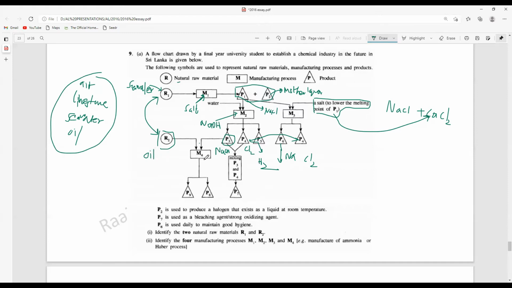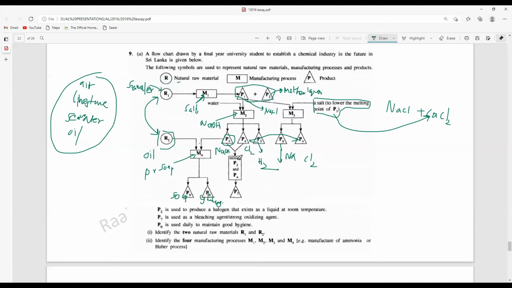This is the formation of soap, so this is soap production. The first part of soap production is saponification. So we get soap, as well as glycerine. One is soap, one is glycerine.